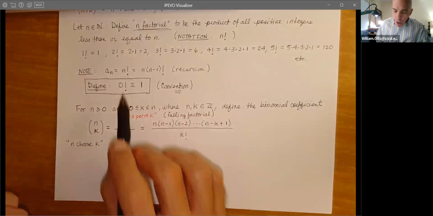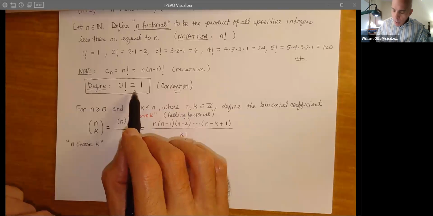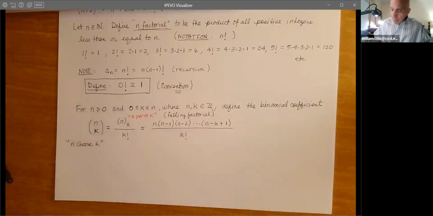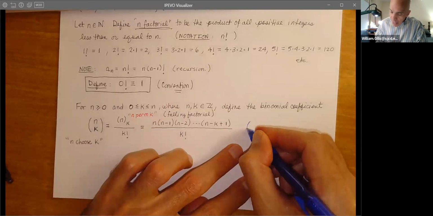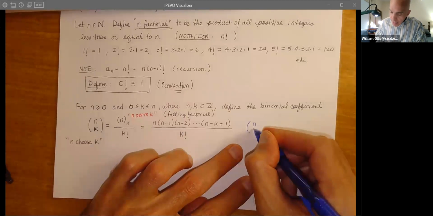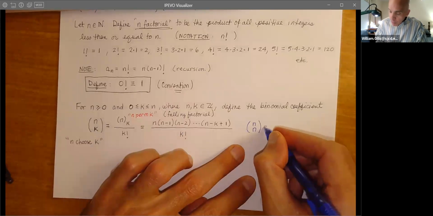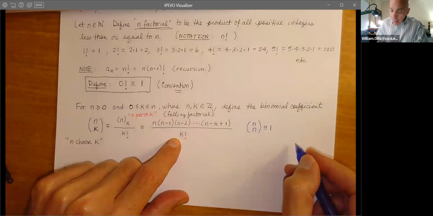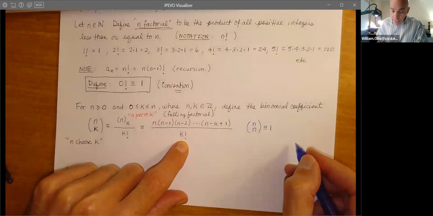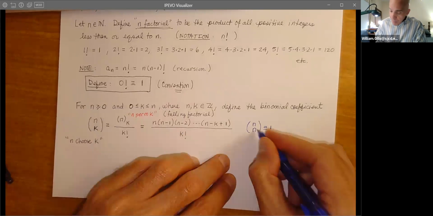But because we have this 0 factorial defined to be 1, we're going to have 2 kind of sidebars. That is, anytime we have n choose n, that will be defined to be 1. Because basically, if we follow this deal here, we're going to actually end up with a 0. I mean, not in this case, but in the next case, this makes sense.